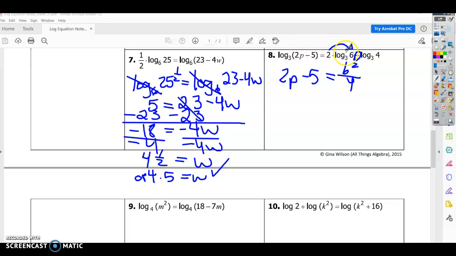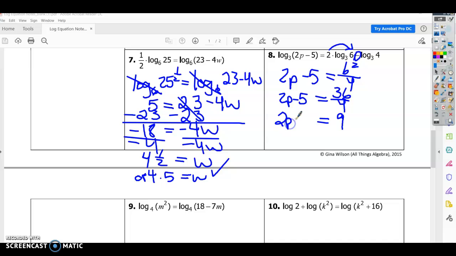And I went ahead and dropped the logs because once we condense this to a single item, we're going to drop the logs anyway. So just to save time, I went ahead and did that. So I'm going to have 2p minus 5 equals 36 divided by 4. And then 36 divided by 4 equals 9.